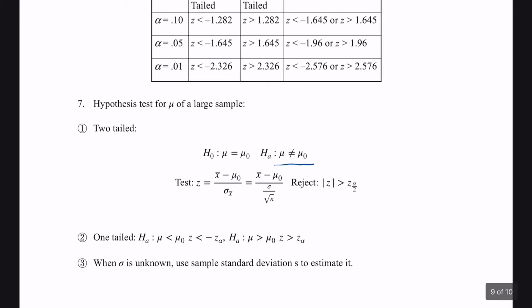Right, and this is how we do the test. Here is the sample mean we get from our single sample. This is the standard deviation, everything is normal, and then this is how we reject it.